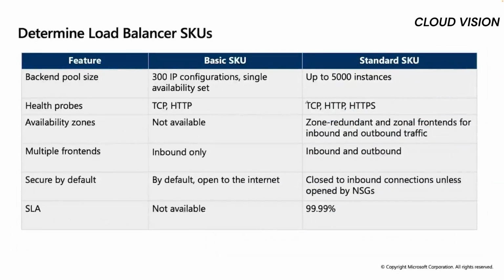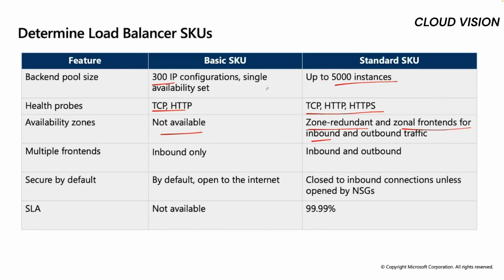So load balancer SKUs are basic and standard, and there are some basic differences, like 300 IP configurations here, 5,000 instances. We have TCP and HTTP support for basic, whereas standard supports HTTPS. There's no availability zone here, but here there are zone-redundant and zonal front ends for inbound and outbound traffic, and so on.